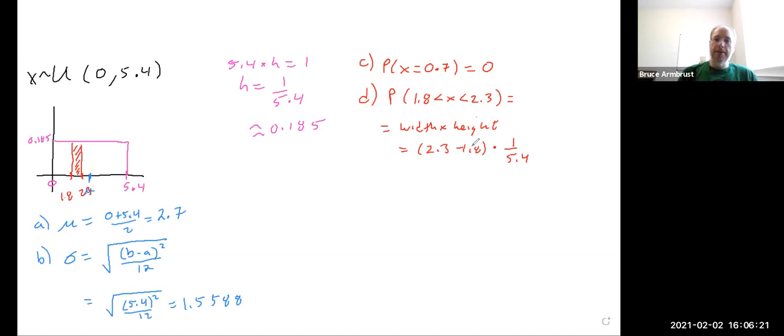Okay, so 2.3 minus 1.8 is 0.5. So we get 0.5 divided by 5.4. And that gives me 0.0926 if we go to the 4th decimal place.